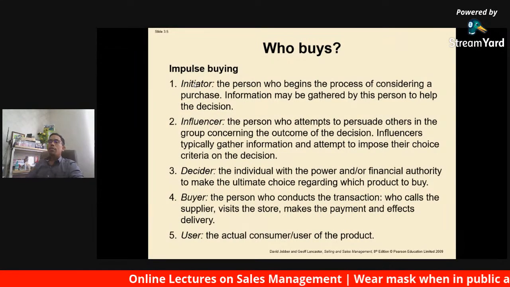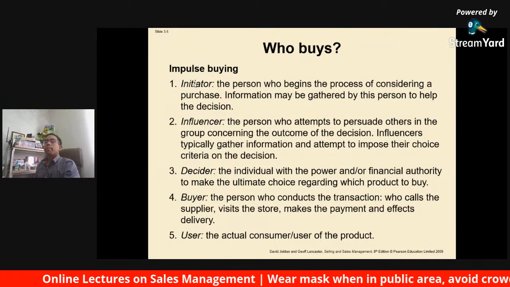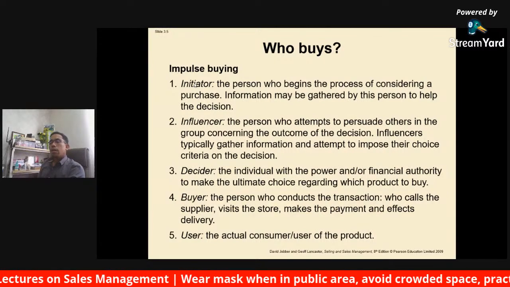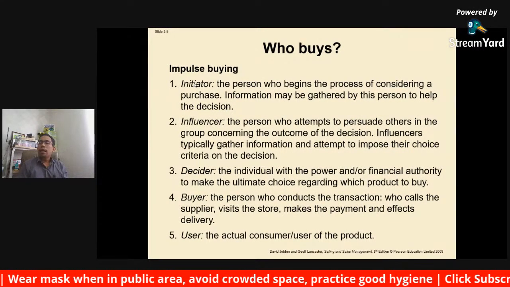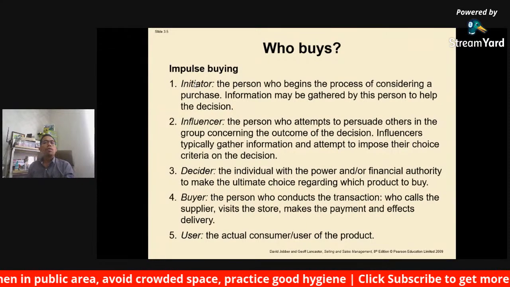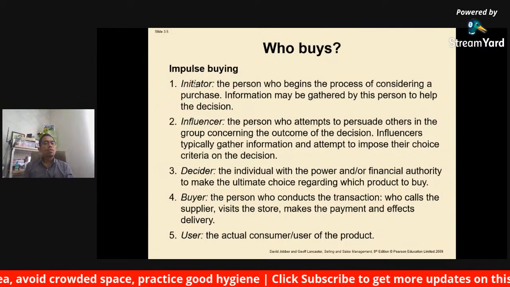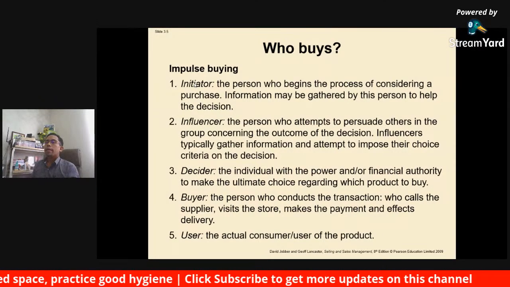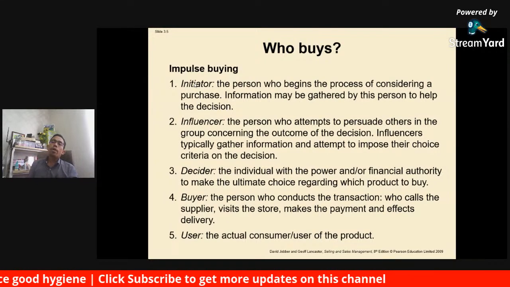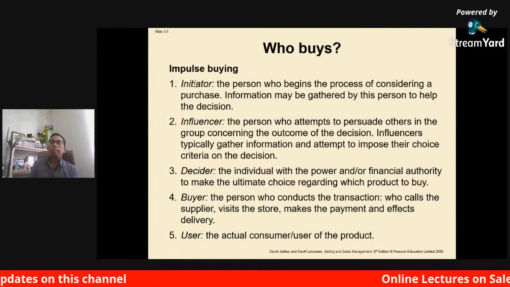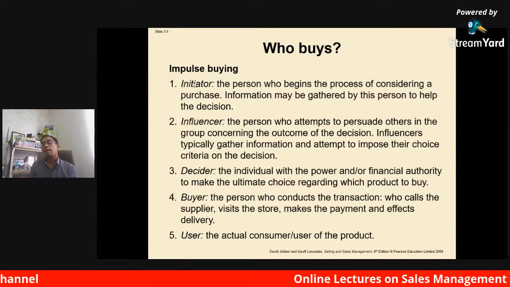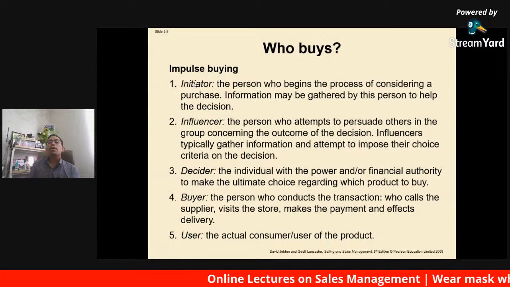Who buys? So we talk about impulse buying. Right now we have 5 persons that can have certain roles. Normally, I like to simulate these roles inside a family or inside a business.